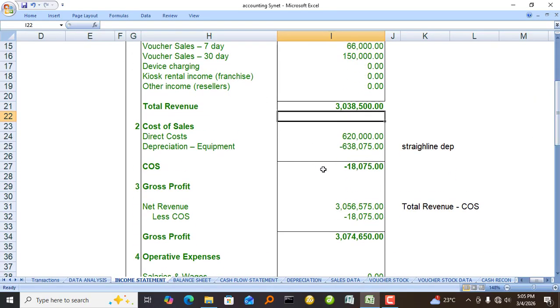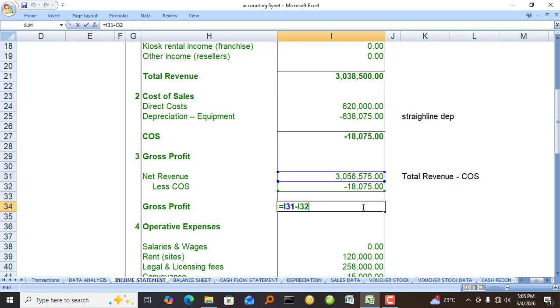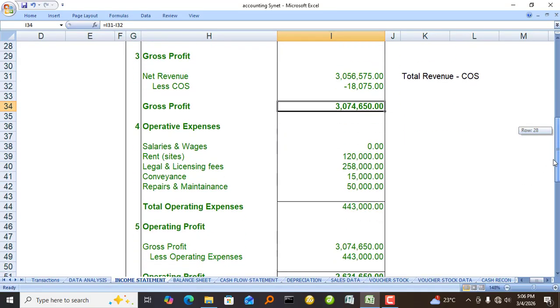The cost of doing business came to this. And then we got the net revenue. You can see where we subtracted the cost of sales from the total revenue. And then to get the gross profit, we take the net revenue less the cost of sales. So we get 3,074,000.